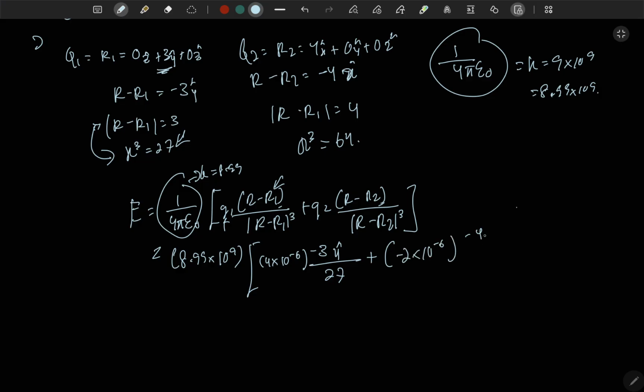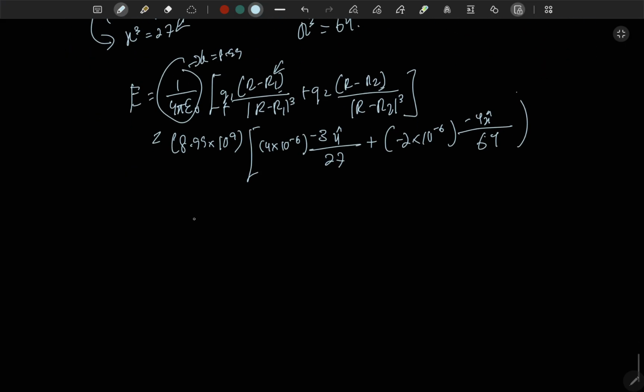Then we had x hat 64. Now if we calculate this, remember this is still in vector form.